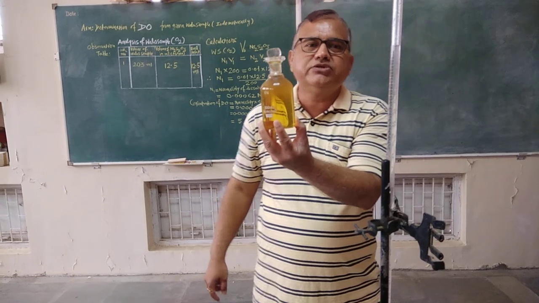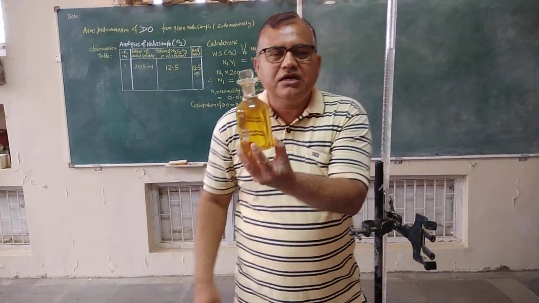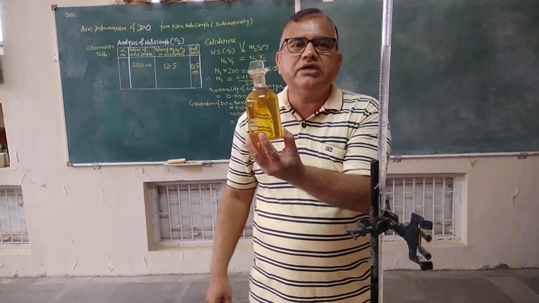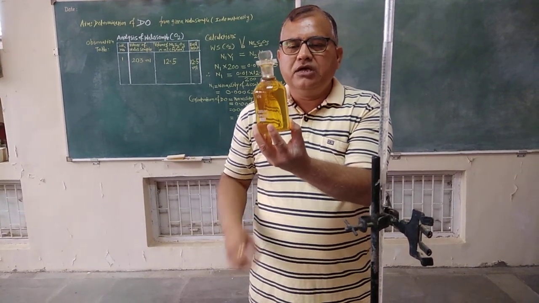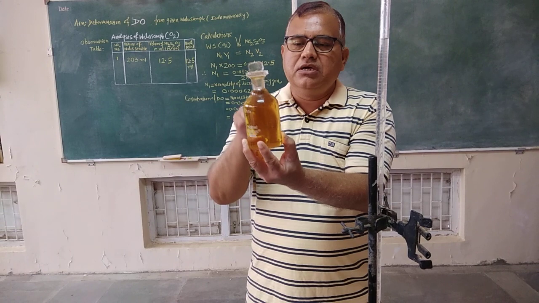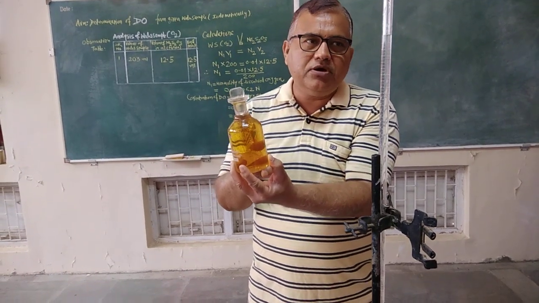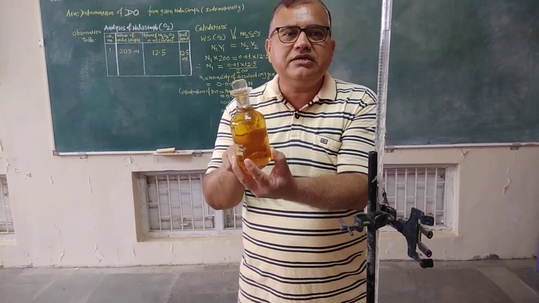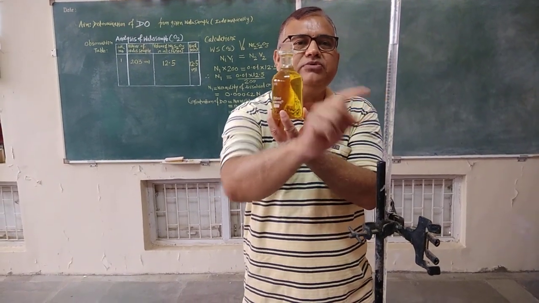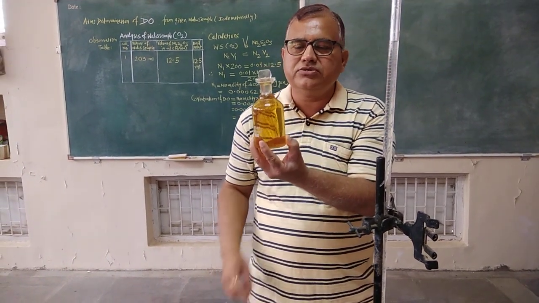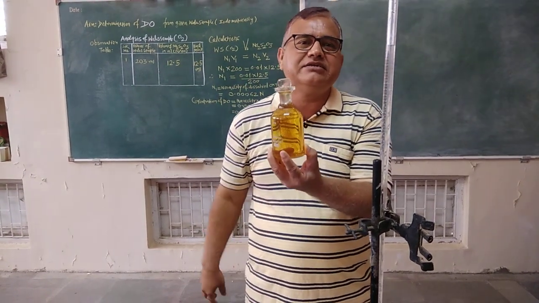In that experiment also iodine was generated, equivalent to chlorine, and therefore we indirectly got the concentration of chlorine. In a similar way here also iodine is generated in the bottle. So we are going to titrate this liberated iodine solution against hypo solution, that is Na2S2O3 solution, again using starch as an indicator.